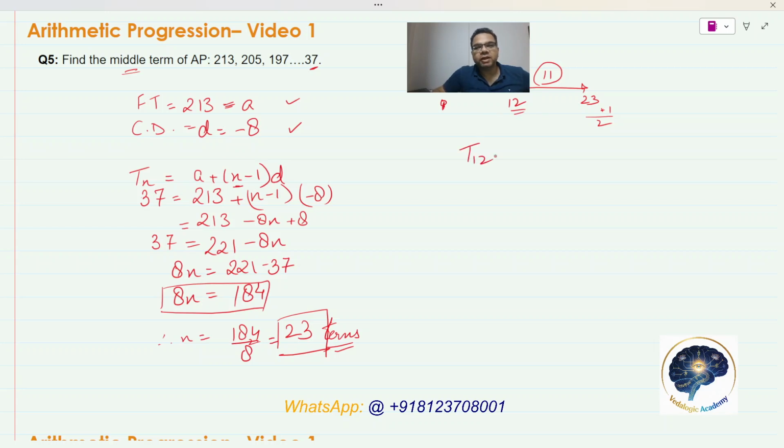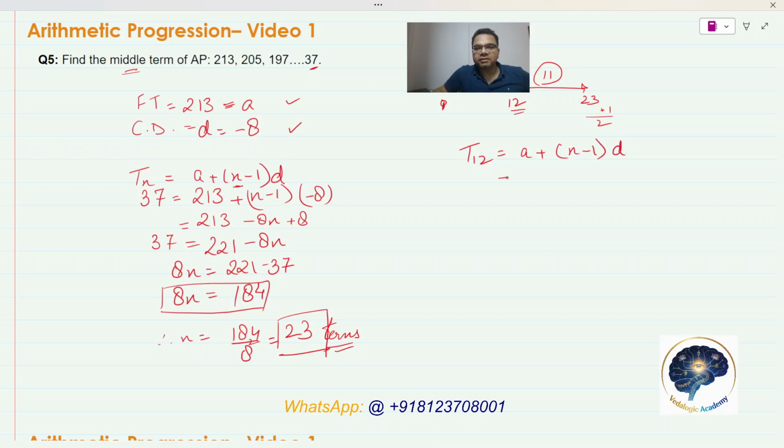Then again, what is the 12th term? How do I find it out? a plus n minus 1 into d. n is 12, minus 1, into d, which is minus 8. I'll just write the formula and then we'll do it in the next step.